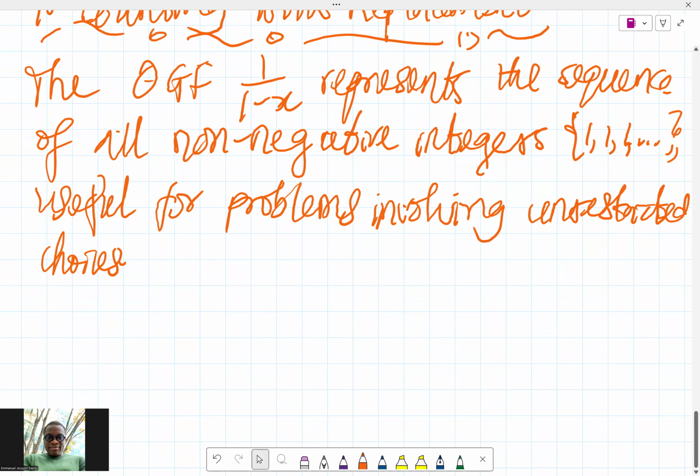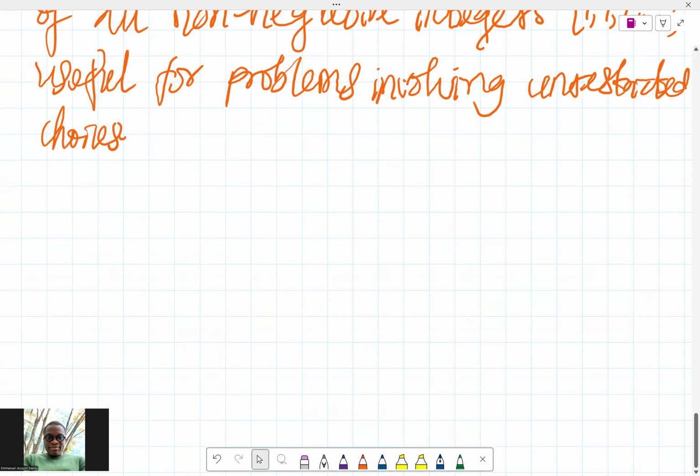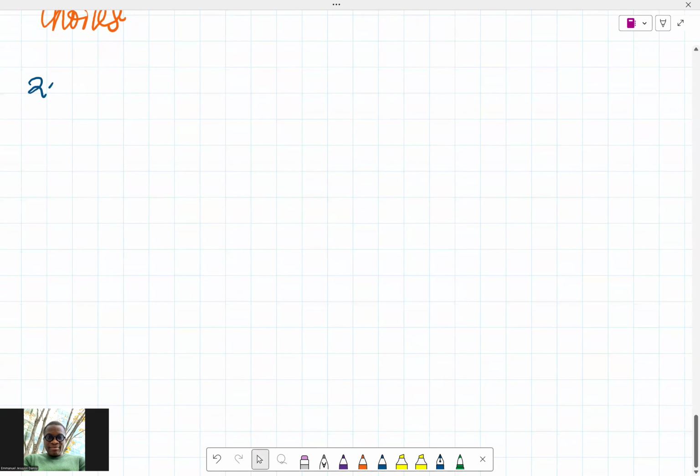Then the second interpretation is weighted counting.